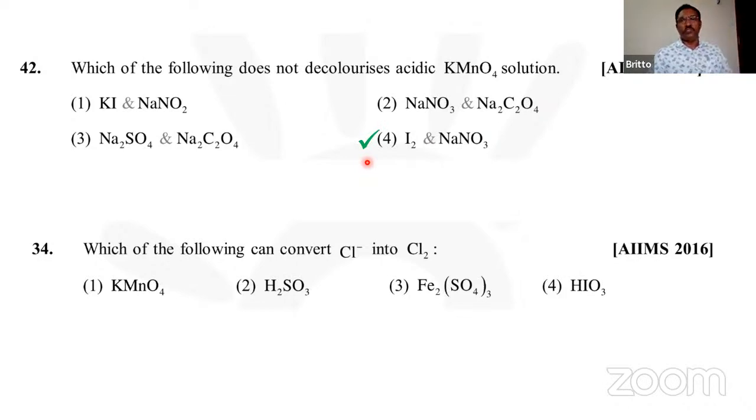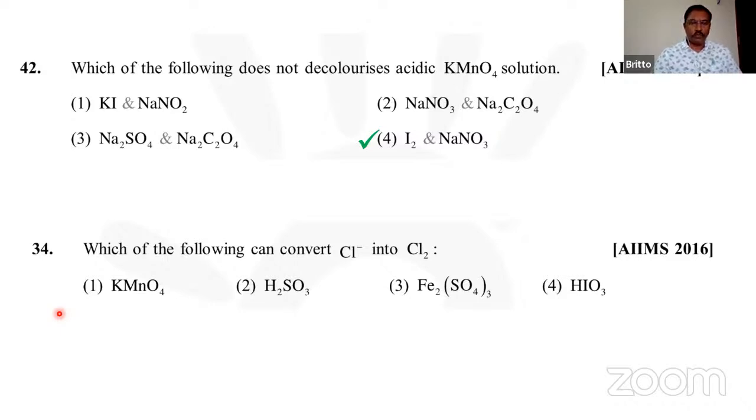So remember, questions will be asked like this. And then question 34: which of the following can convert Cl minus into Cl2? Another point to remember here: KMnO4 in acid medium, we have to use only sulfuric acid. We cannot use hydrochloric acid.